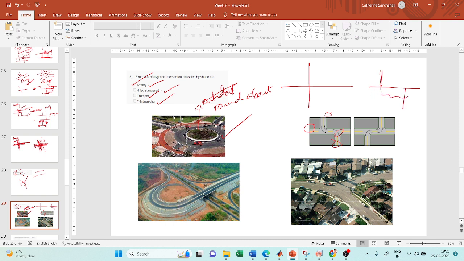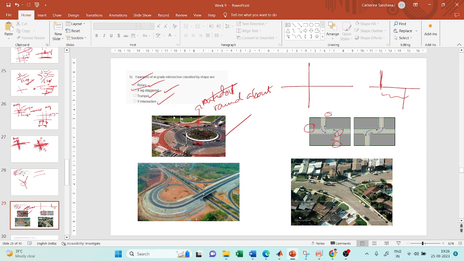Okay, you are providing some distance between these two roads to reduce the conflict points. We will see what conflict points are. Okay, so this is an at grade intersection and it is classified by shape as a four-leg staggered intersection.